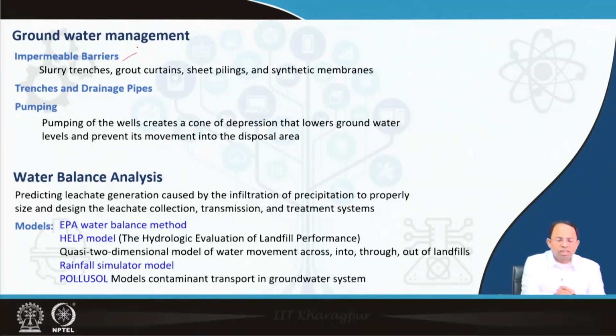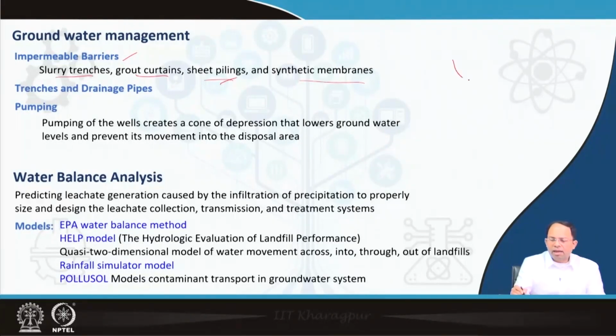That means we put some slurry trenches, grout curtains, sheet pilings, synthetic membranes to prevent the groundwater from mixing with the waste, or, if it is a lined system, also from influencing the liner system.